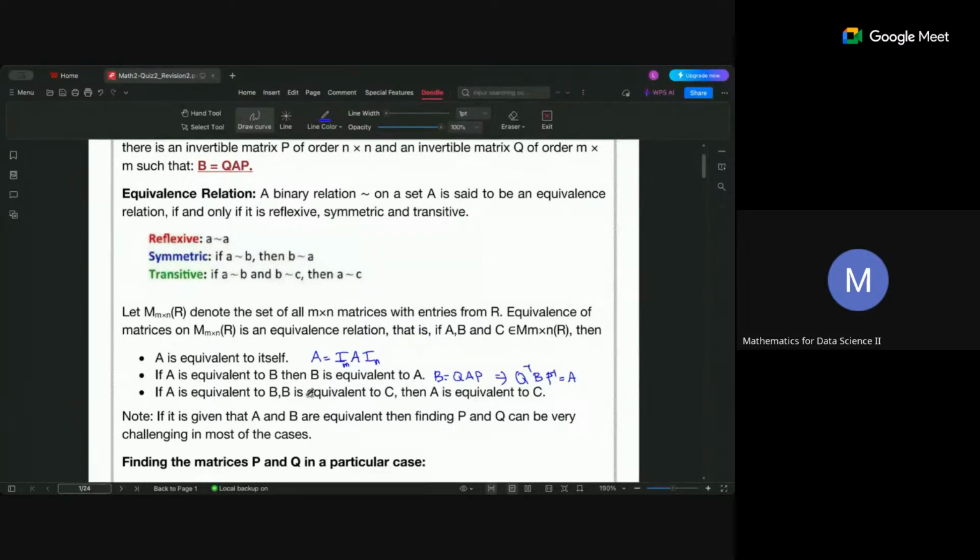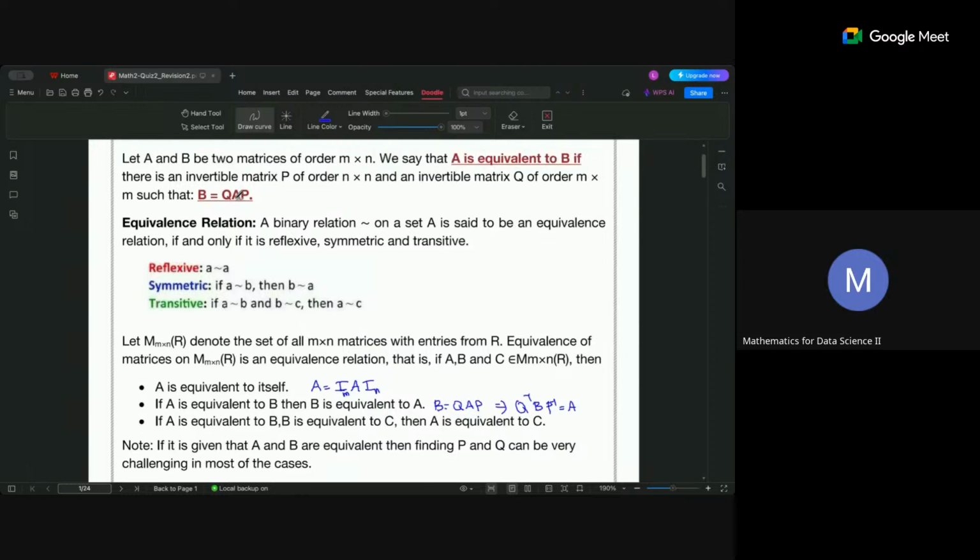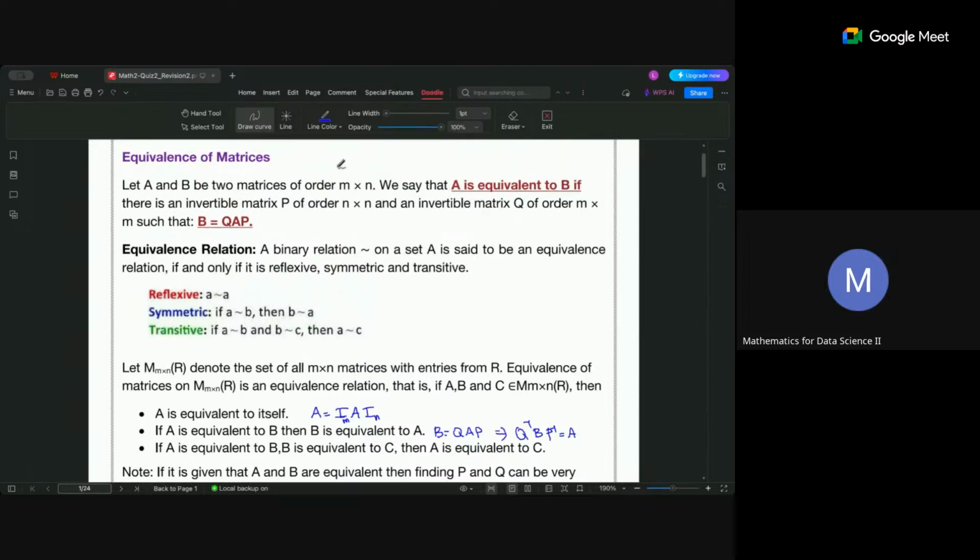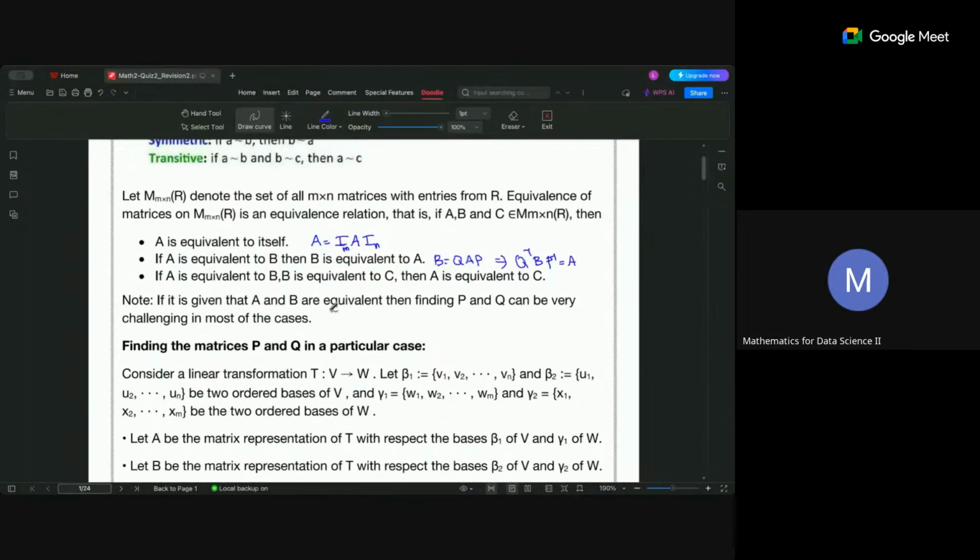So if A is equivalent to B, then B is equivalent to A. And if A is equivalent to B and B is equivalent to C, then A is equivalent to C. This also you can see very easily. Because of this, this is an equivalence relation. So the concept of equivalent matrices satisfies the equivalence relation properties.